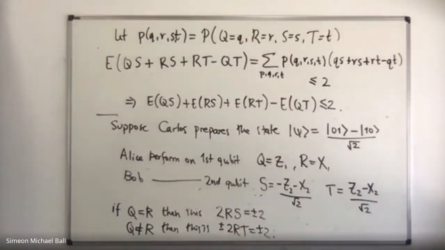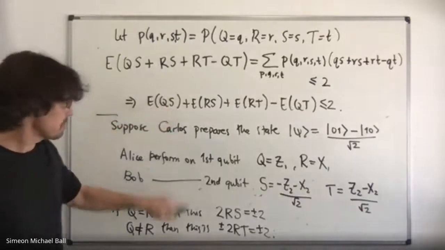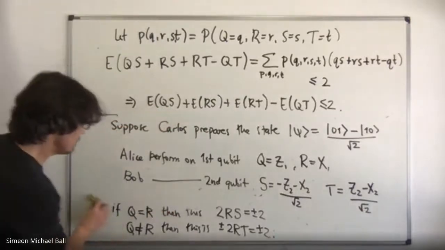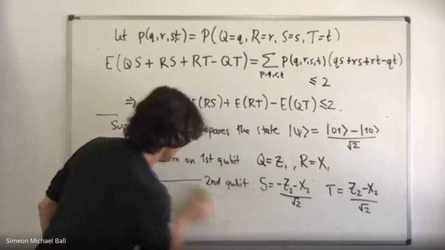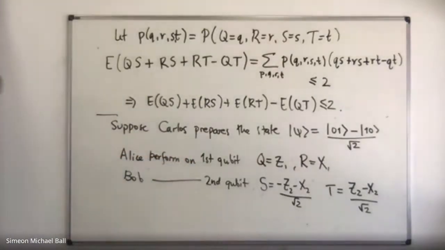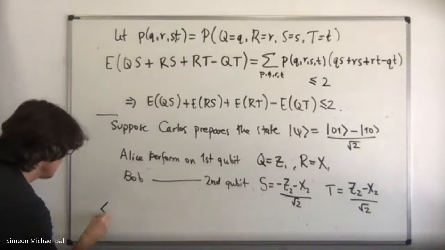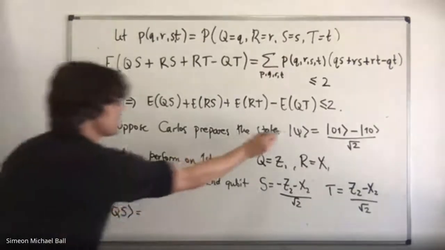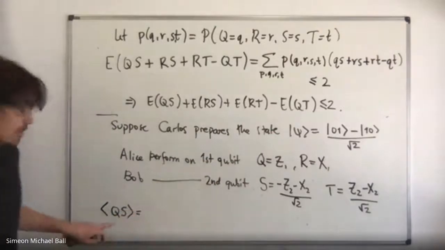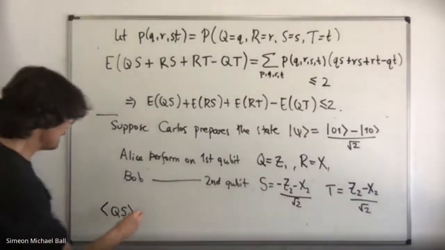We know how to calculate these expectations, because this is just a projective measurement. So let me calculate one for you. This will be homework for somebody. But we can calculate QS. This will be the average of this observable.